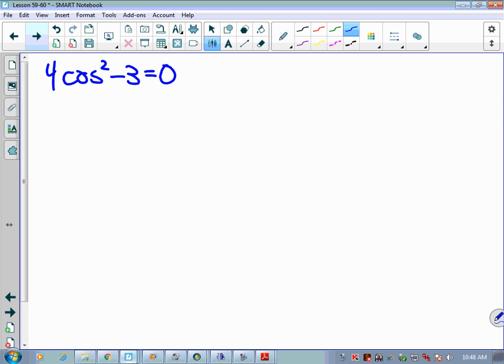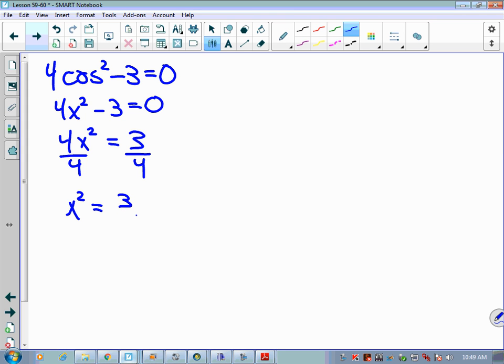All right, so what I ended up doing with this one, because this isn't automatically factorable, right? Because if you look at it, it's 4x squared minus 3 equals 0. I added 3 to the other side so that I had 4x squared equals 3. Then I divided by 4, so I had x squared equals 3/4.